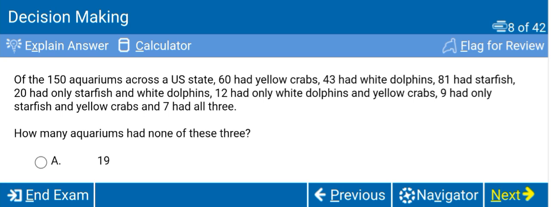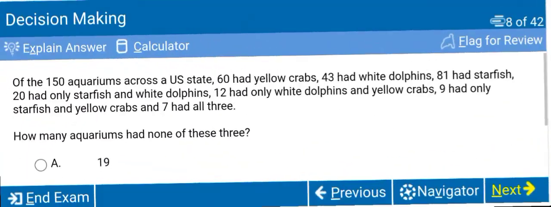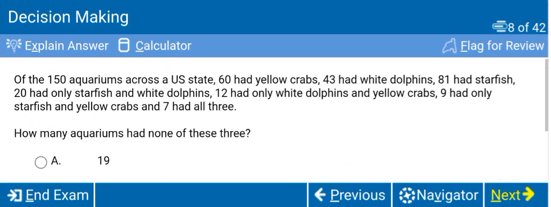Of the 150 aquariums across our US state, 60 had yellow crabs, 43 had white dolphins, 81 had starfish, 20 had only starfish and white dolphins, 12 had only white dolphins and yellow crabs, 9 had only starfish and yellow crabs, and 7 had all three.